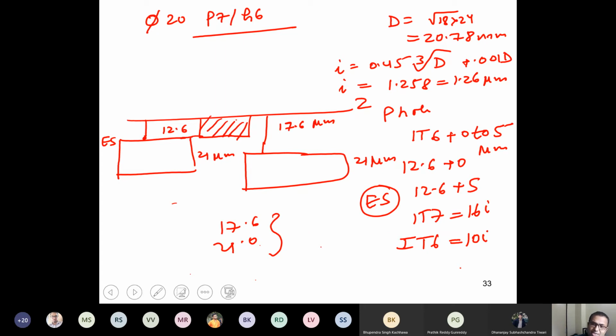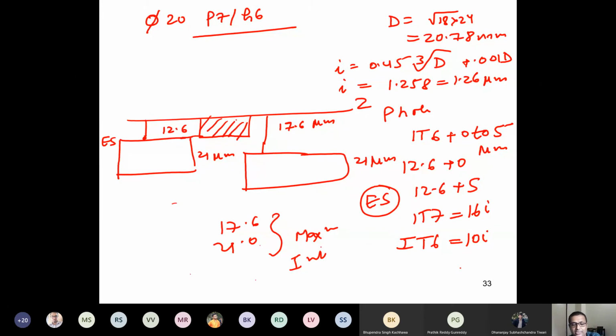So the shaft is much larger than the hole. So this is the maximum interference. And here, what will be the minimum interference? So what is this fit? This fit is perfect interference, right?